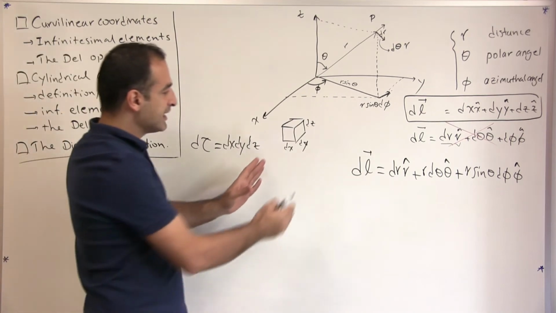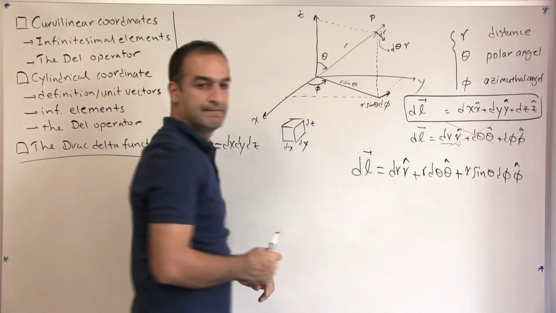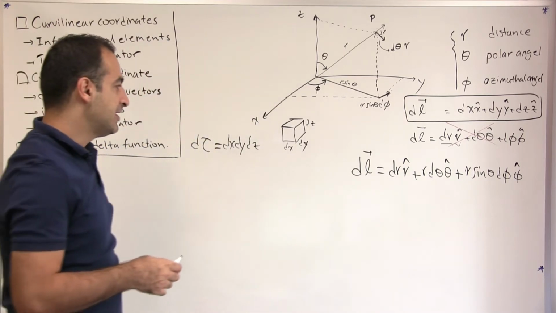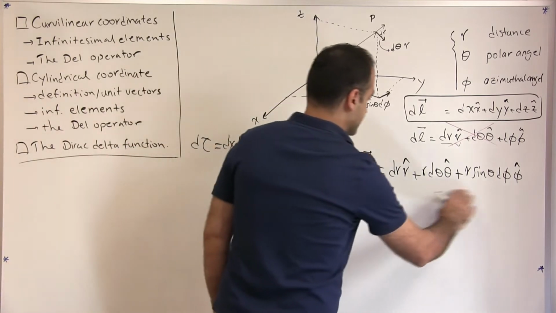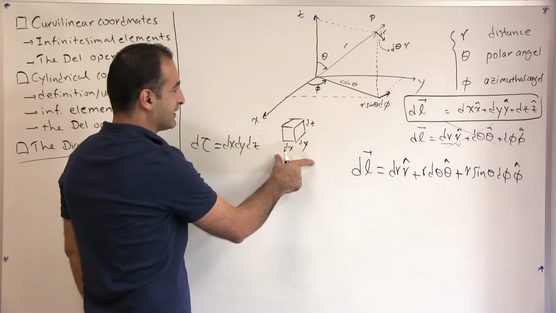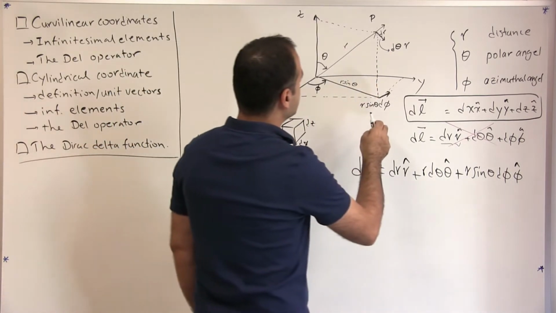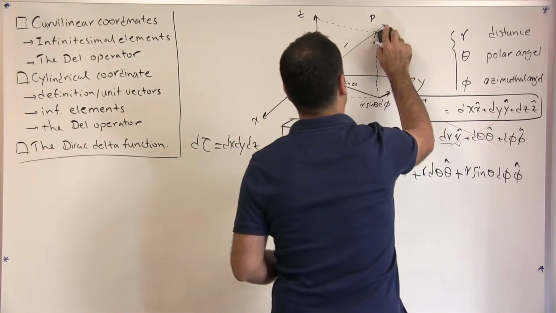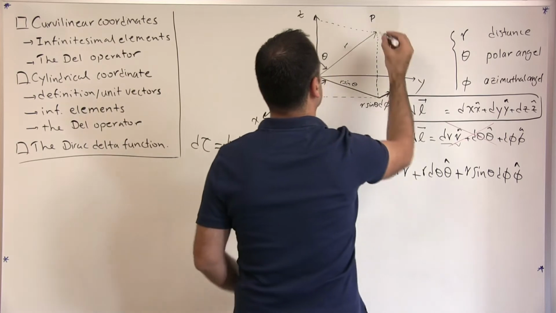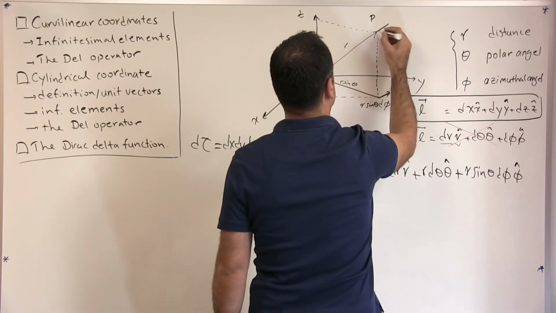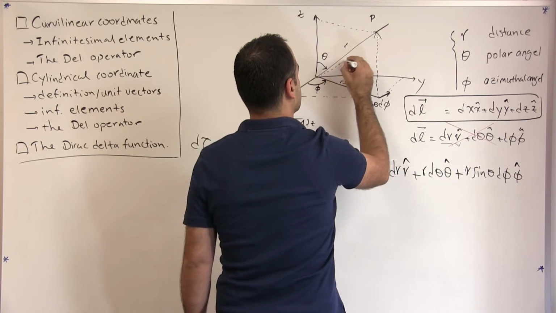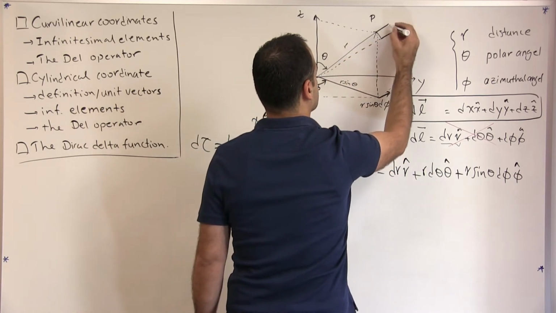So we're going to do the same thing now for spherical coordinates. The type of cube we want to assume in spherical coordinates is not quite like this. It's actually a cube that can be formed at the end of this r. So if I delete everything here, it's going to be a cube like in this direction. This is one length, this is another length, this is another one.